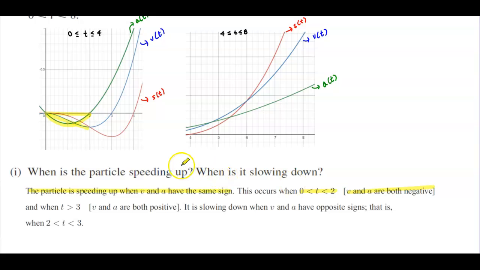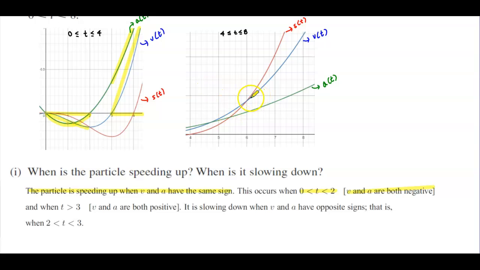And then also, if we take a look at 3 and greater, we can see that the velocity function is positive, and the acceleration is positive.